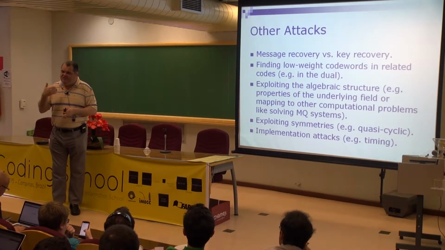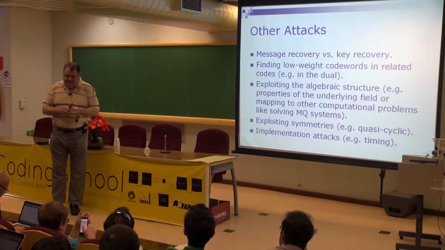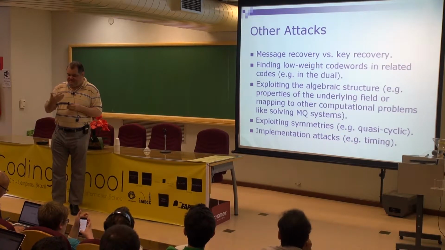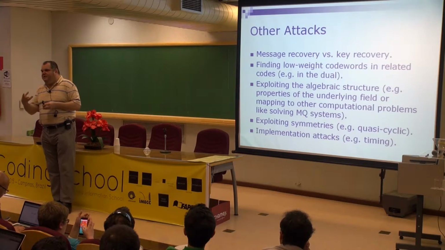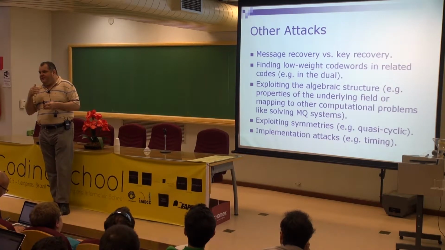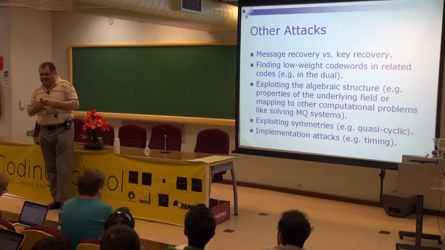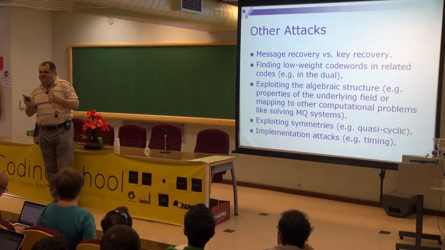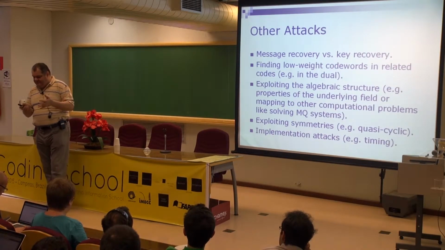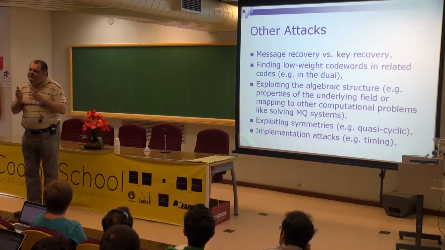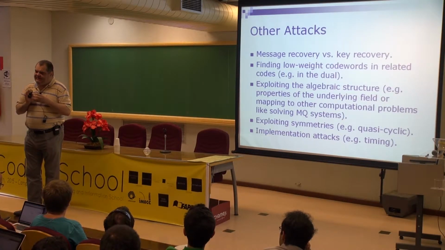We can measure how much energy is being spent or how long the process is taking, and we can infer information about the private key that can allow us to recover it. But anyway, this is related to how we implement our algorithms.